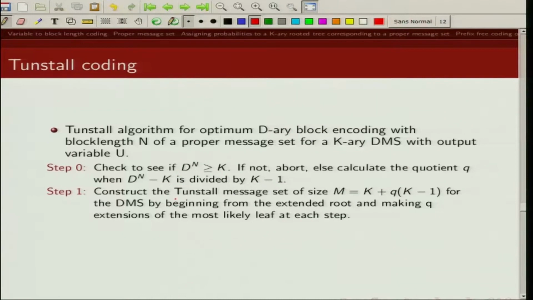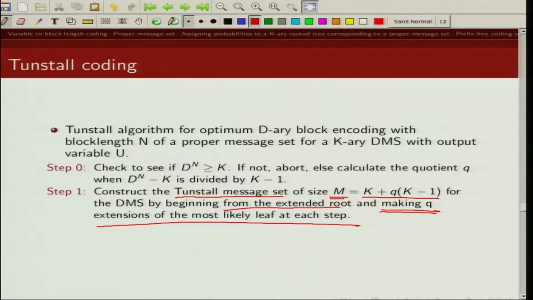Next, we construct a Tunstall message set of size M, where M is given by K plus Q times K minus 1, and we start with the extended root and we will extend the most likely leaf at each step.